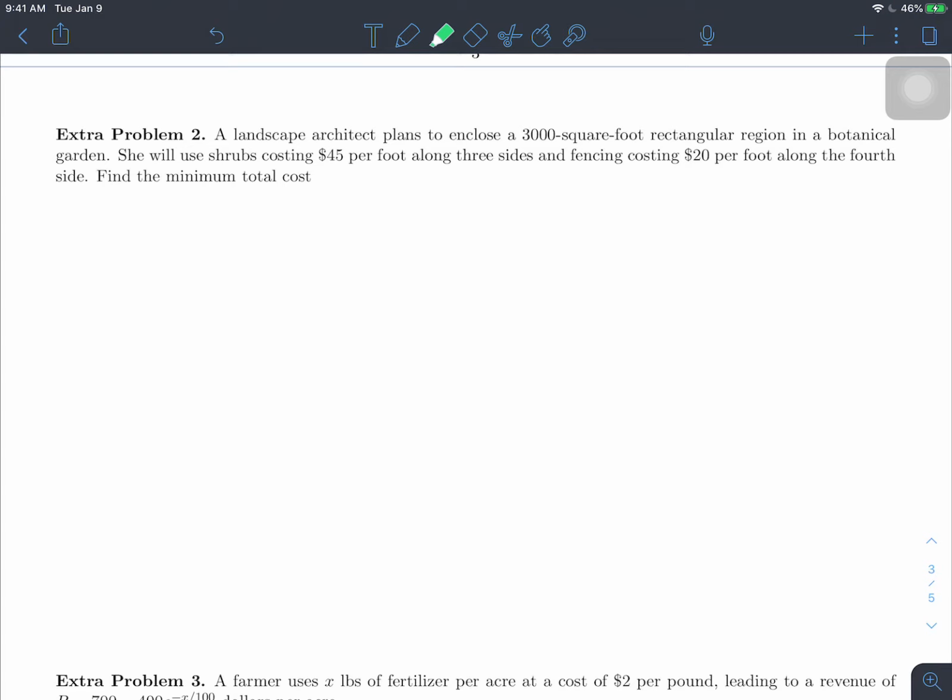Here we go. This problem looks interesting. We'll do this one.